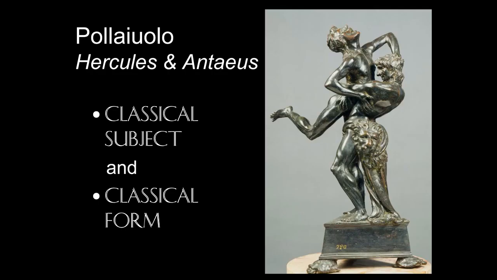According to Panofsky, Antonio del Pollaiolo was the first person to combine classical subject and classical form after the end of the classical era. The first person since classical antiquity to make these classical subjects in the nude, with their proper attributes.